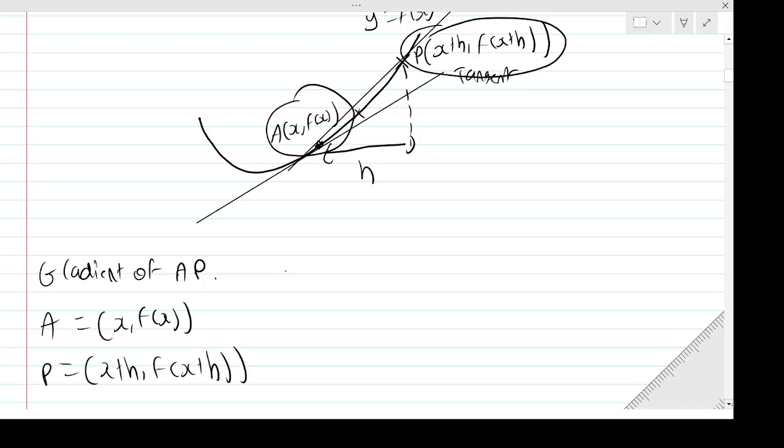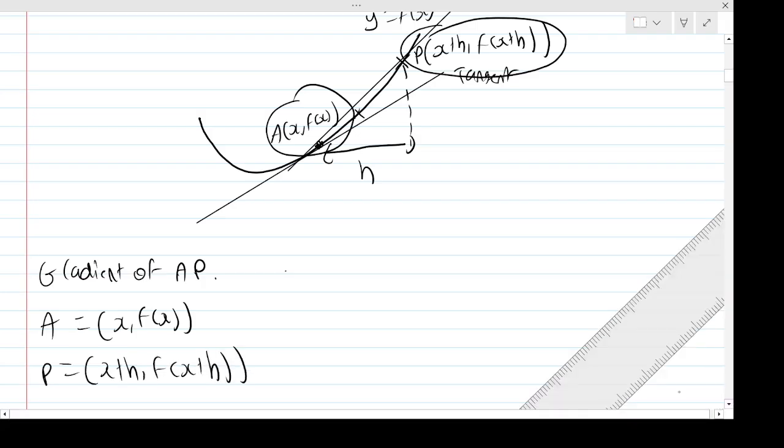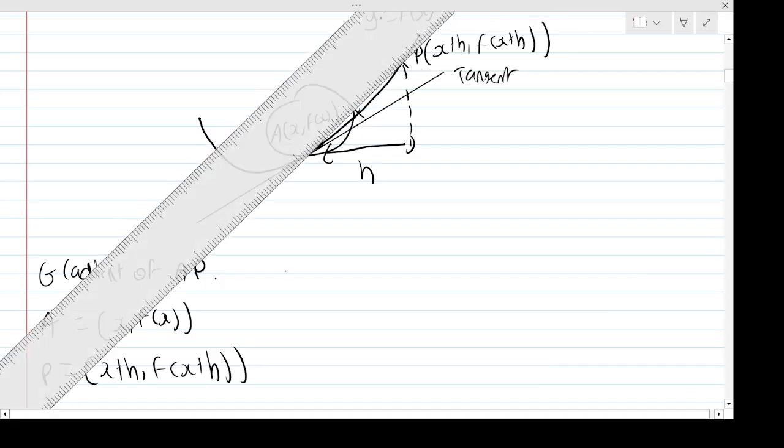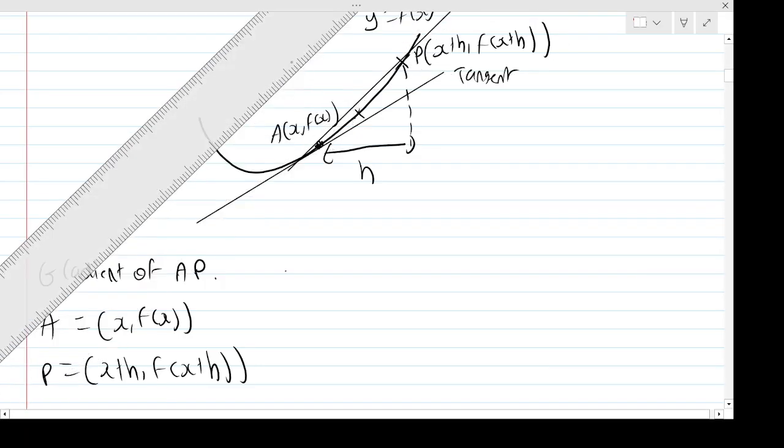Then the gradient of the line from A to P, from points A to P, is going to be the change in y over the change in x.